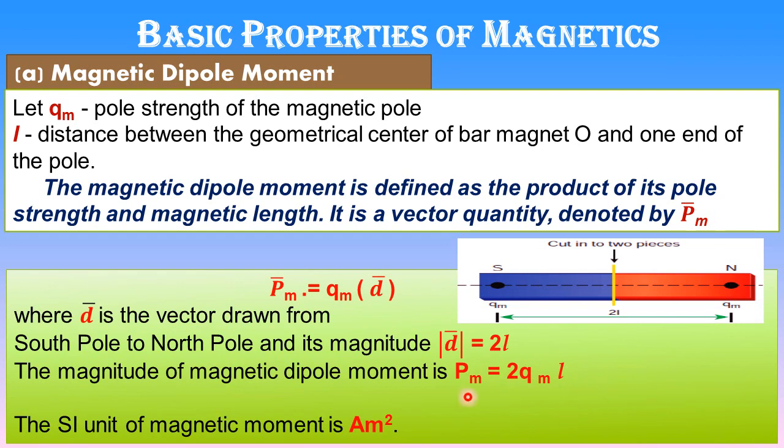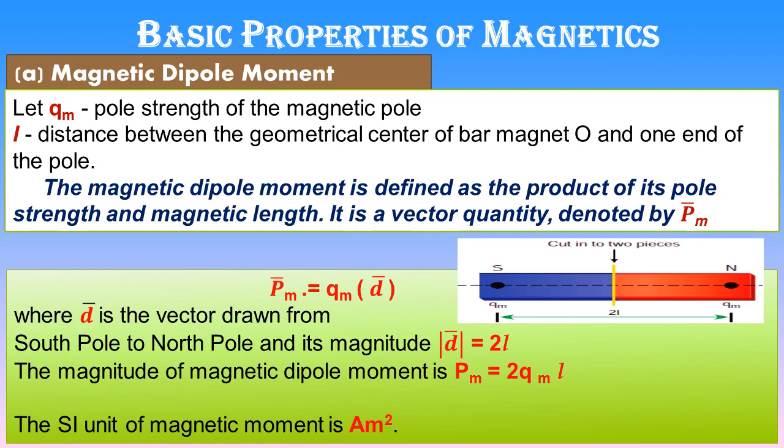The magnetic dipole moment is defined as the product of its pole strength and magnetic length. It is a vector quantity denoted by P vector m, and P vector m is equal to Qm into D vector. That means D is the vector drawn from south pole to north pole, and its magnitude is modulus of D vector, which is considered as 2L because we have one L here and another L here.